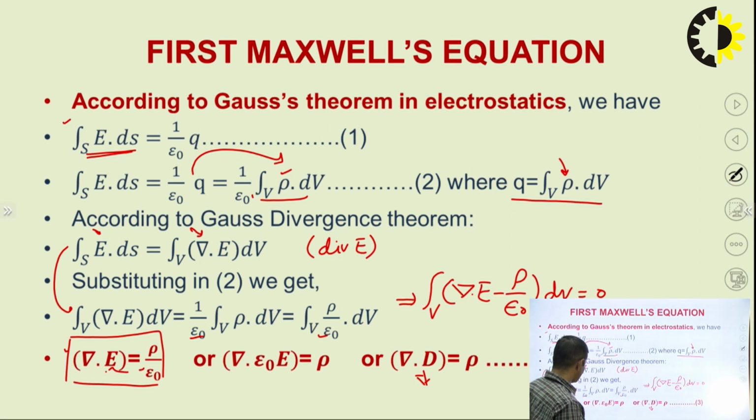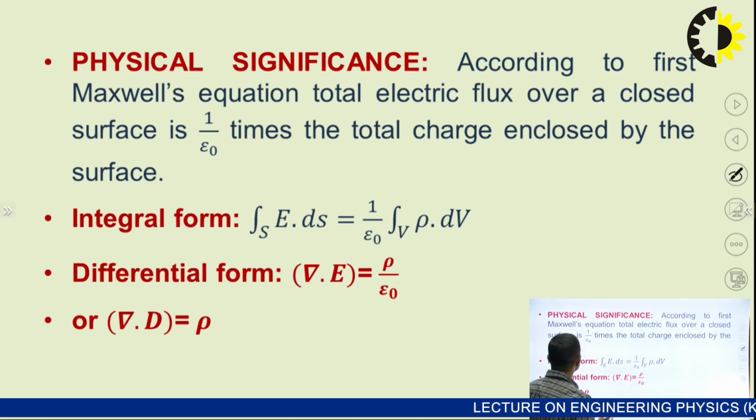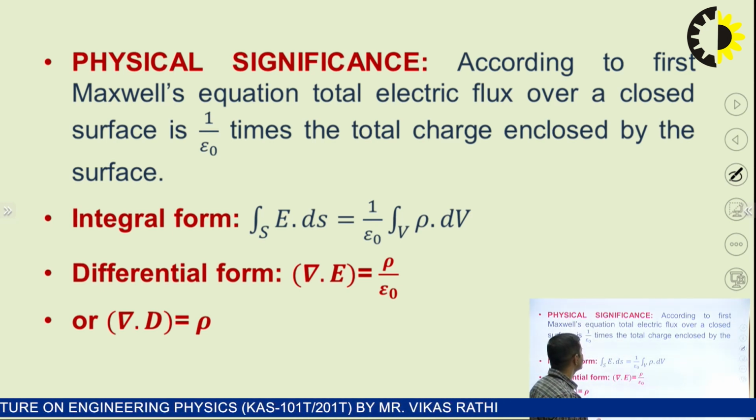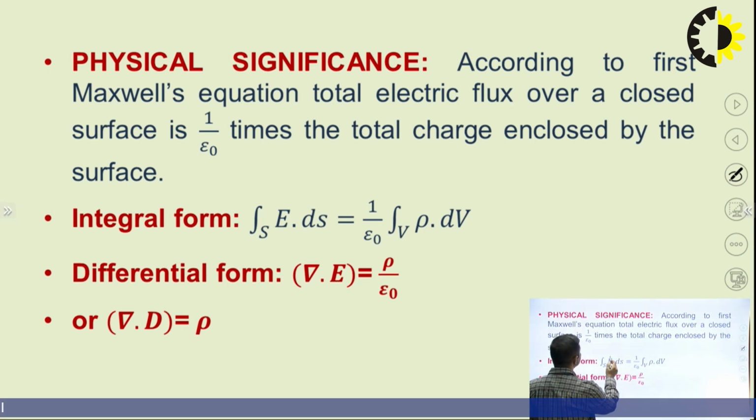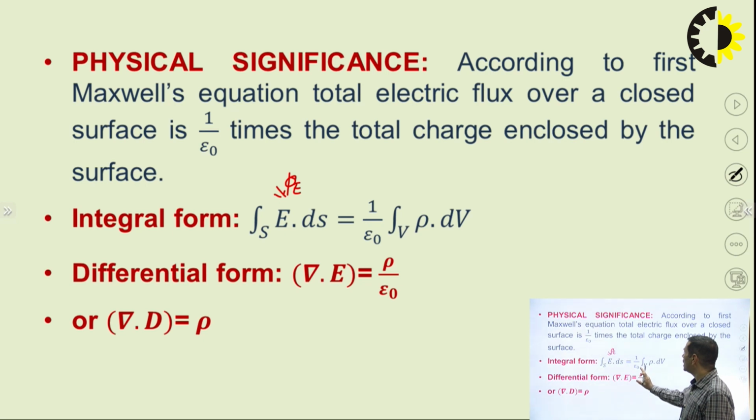Now, the physical significance of the first Maxwell's equation can be written using the integral form of this equation. Here the left hand side represents the electric flux, phi E. So the physical significance of the first Maxwell's equation is that the total electric flux over a closed surface is equal to 1 by epsilon naught times the charge enclosed within that surface.